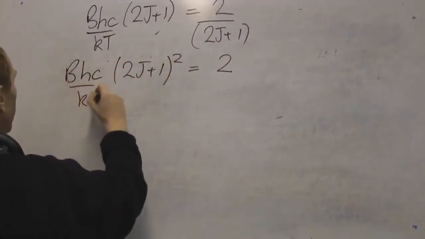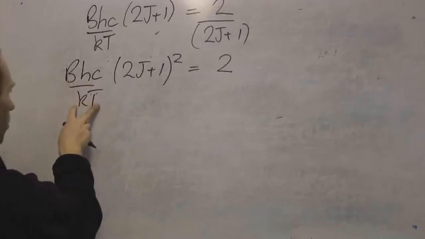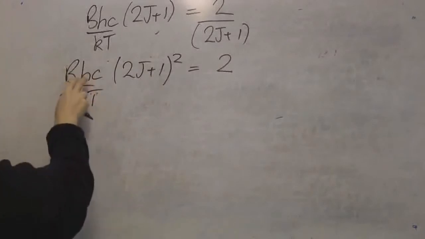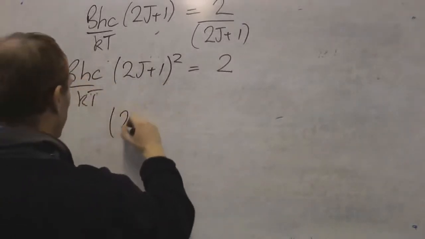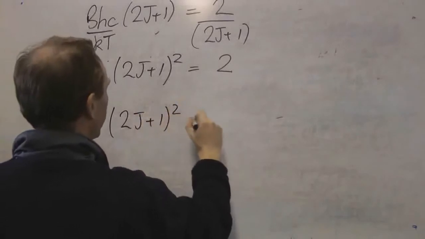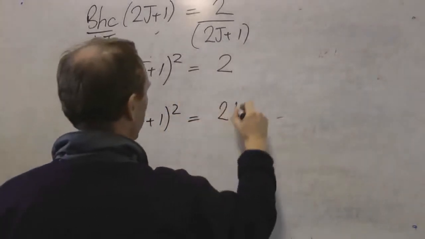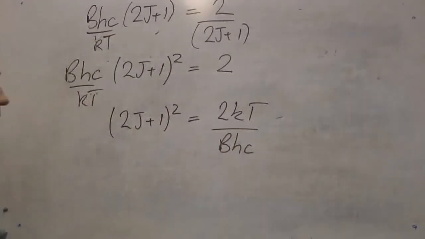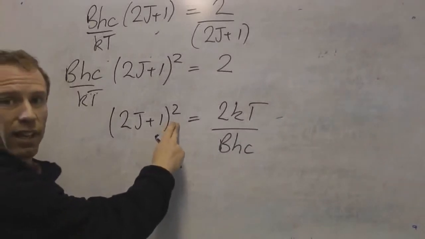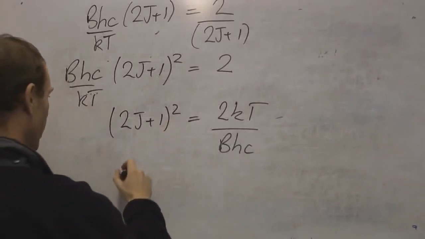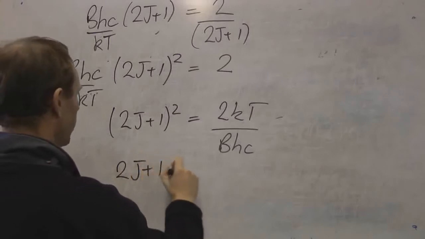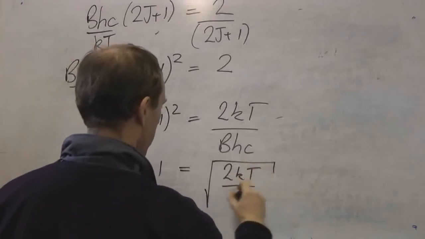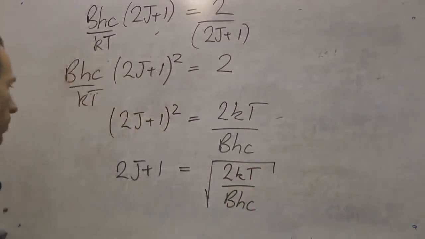Now we can multiply both sides by KT, and so that moves across here, and divide both sides by BHC, so this goes from here down here, and we end up with 2j plus 1 squared equals 2KT upon BHC. Now, we've still got squares here, so we want to get rid of that, so we'll just square root both sides. So 2j plus 1 equals the square root of 2kt over BHC.